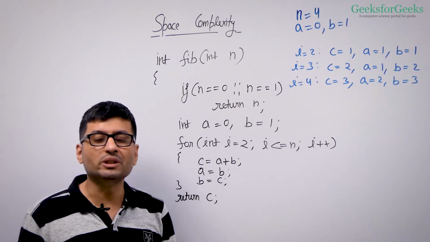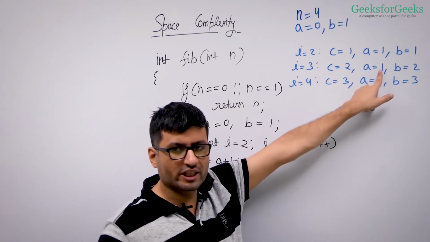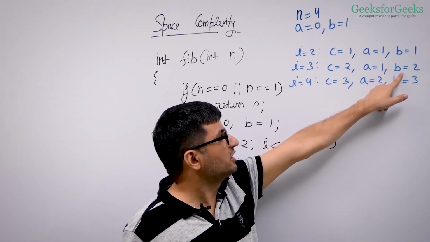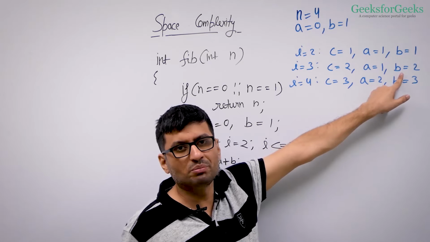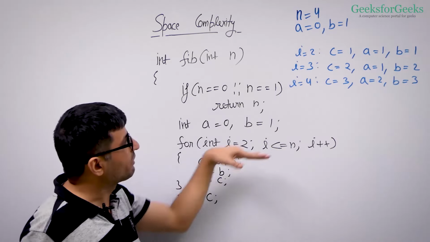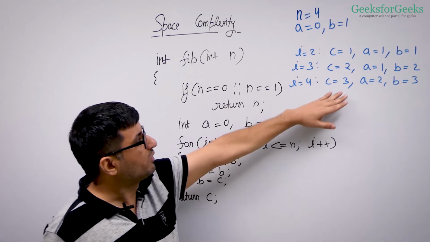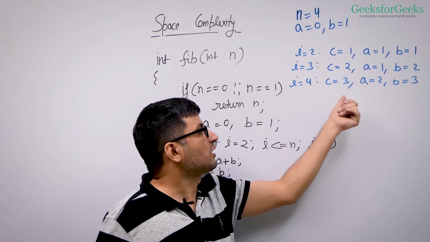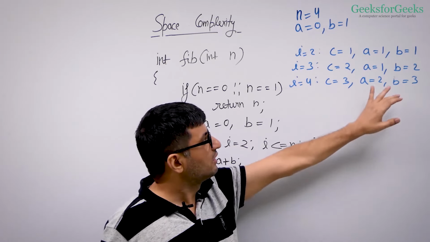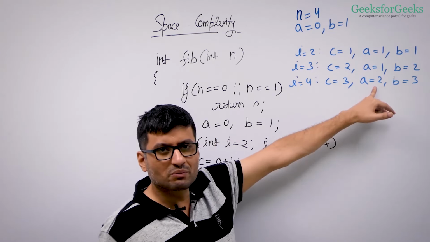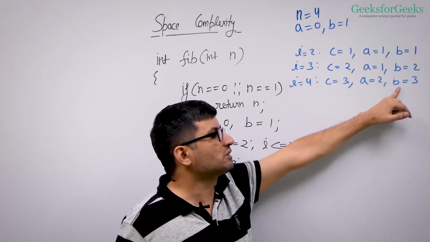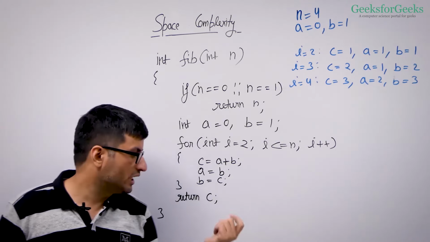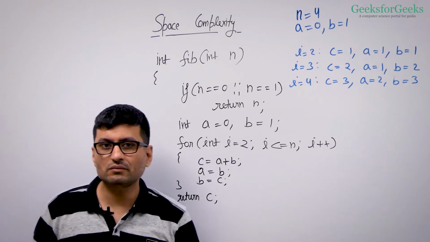We update a as b, so a has the second previous Fibonacci number for the next iteration and b has the previous Fibonacci number, right? So b is equal to c by the end of this loop. So when you begin next time, you have the previous two Fibonacci numbers here. Now you compute the current Fibonacci number, then you update the previous to previous Fibonacci number, then you update the previous Fibonacci number. That's how you get the nth Fibonacci number at the end and you return it.